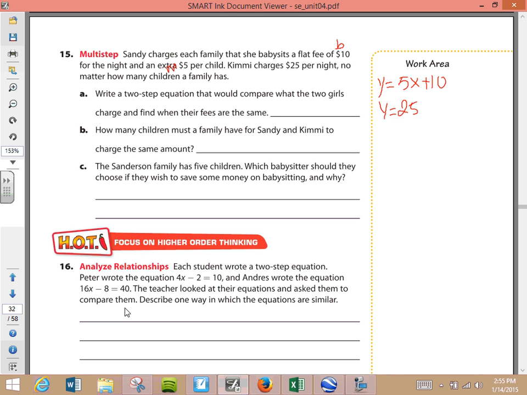Compare these two. You put this equation, put it equal to 25, like that. Does that look familiar? What do we do with it? No, because that's how much it charges, period. It doesn't change, right? Yes.